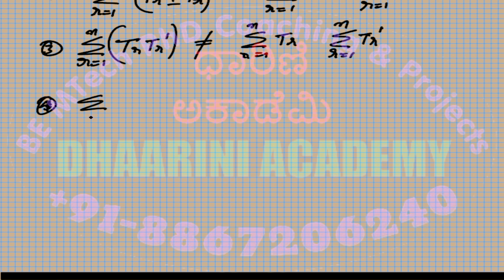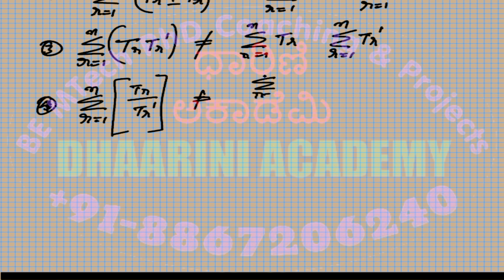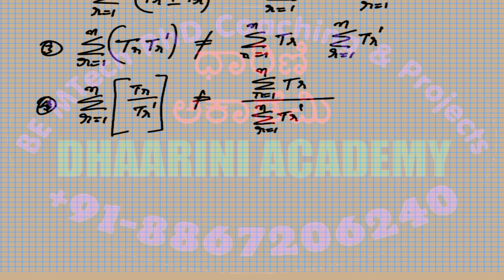So summation r is equal to 1 to n, if I try to write something like tr divided by tr dash, definitely this is not equal to the summation r is equal to 1 to n tr divided by summation r is equal to 1 to n tr dash. It's not equal. Again, this property states that sigma is not distributive when you have division in place.